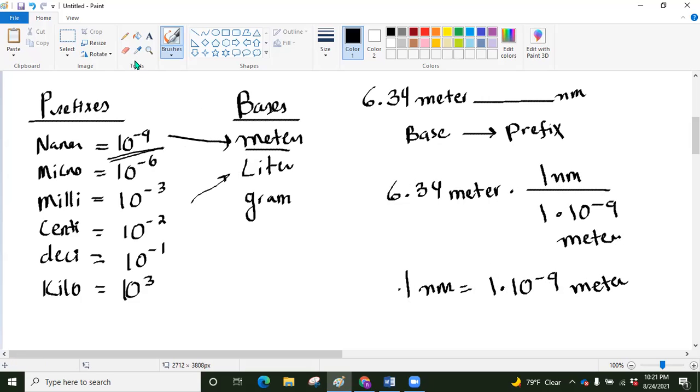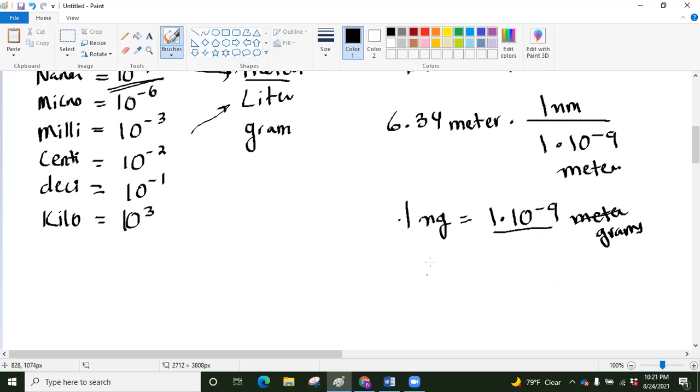Okay, so if I had nanograms here, well, this would be 1 times 10 to the negative 9 grams. So 1 nanogram is equal to 1 times 10 to the negative 9 grams.